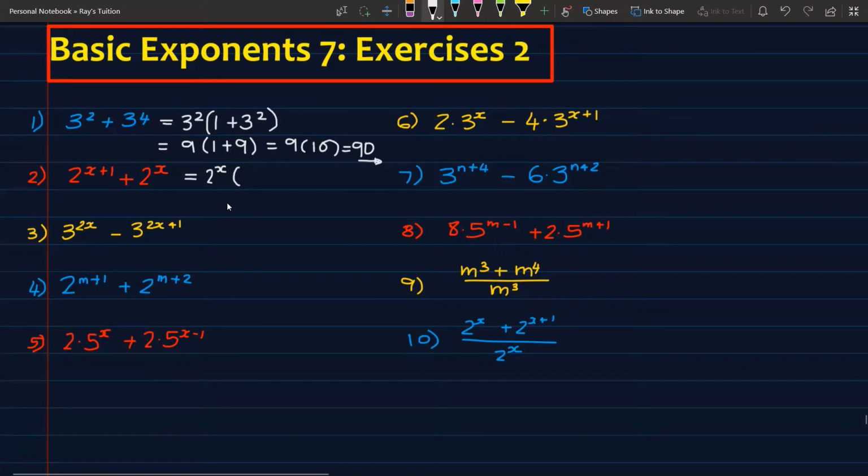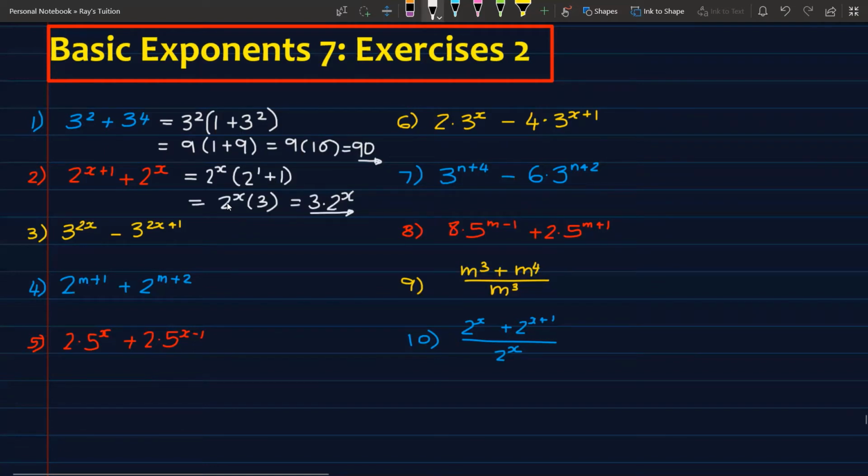So it'll be x plus 1 minus x, leaving us just with 2 to the power of 1, and 2 to the power of x divided by 2 to the power of x is 1. So this simplifies to 2 to the power of x times 3. If you want to, you can write it as 3 times 2 to the power of x, and that's as simplified as it gets.